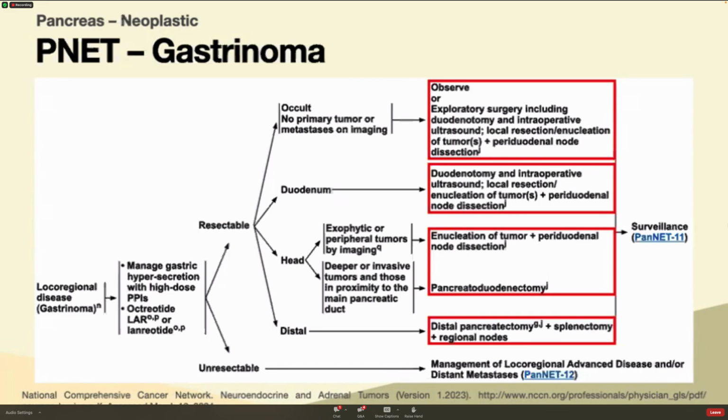But if the lesion is deeper and in close proximity to the main pancreatic duct, then you would have to do a Whipple's procedure. Then for lesions at the body and tail of the pancreas, the surgical option is to do a distal pancreatectomy with splenectomy and lymphadenectomy. So as you can see, lymph node dissection is already included in gastrinoma.